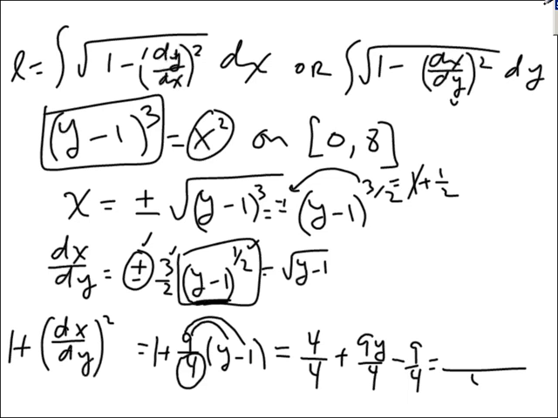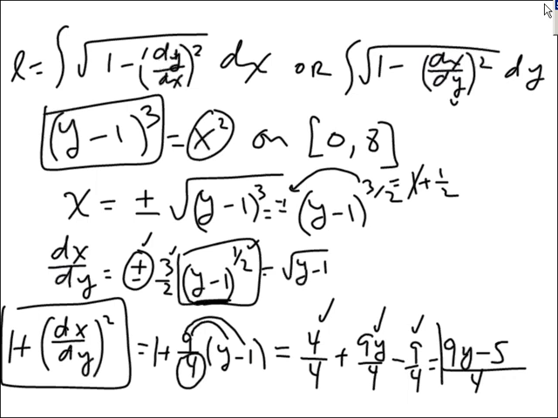And everything's over 4. We have 9y. If you take away 9 and you add 4, you took away 5. That's exactly what we get for 1 plus the derivative squared. We get this. And then we integrate.